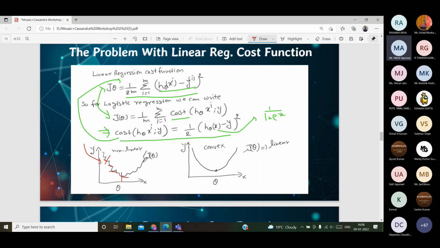Earlier it was a linear function, but in the case of logistic regression, it is 1 upon 1 plus e power minus x. So this is what changes, due to which it loses its convexity. Okay, bhaiya, got it.